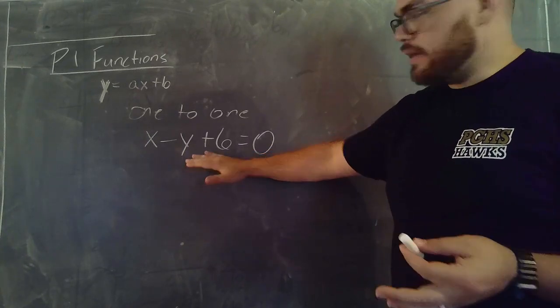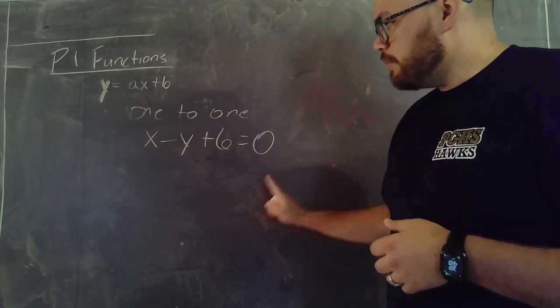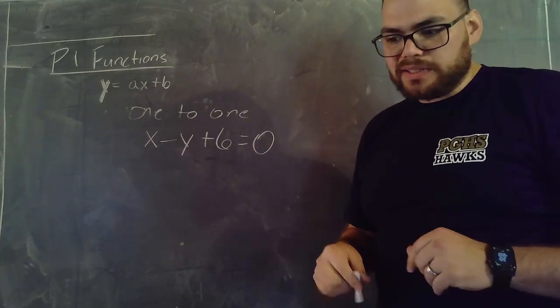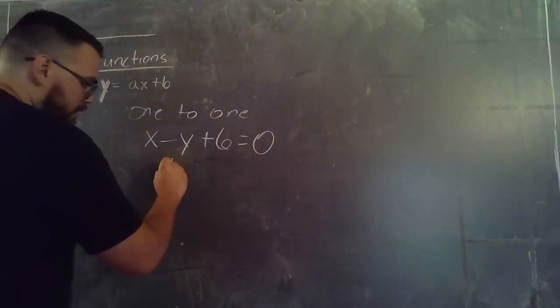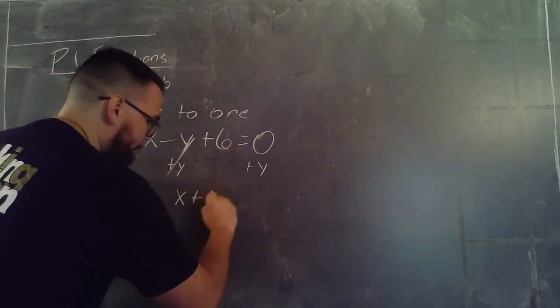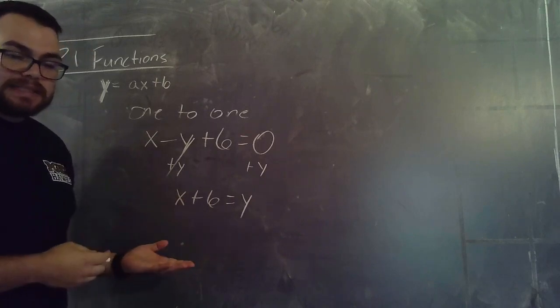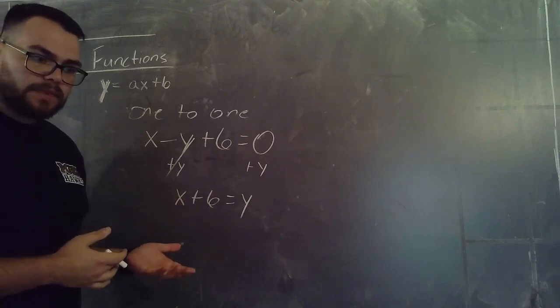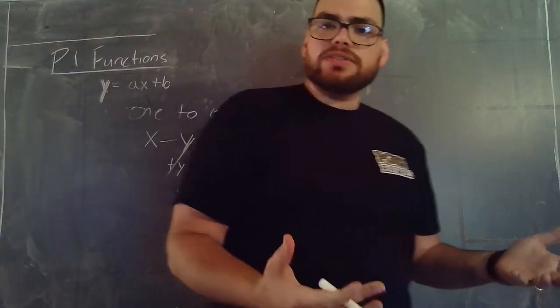Now, how do we do that? Well, we can just move the y over. We add y to both sides and we have it in an explicit state. So let's actually do that, where we add y. And there we go. It's explicitly stated now in terms of x. Now, how does that relate to what we usually denote a function as?